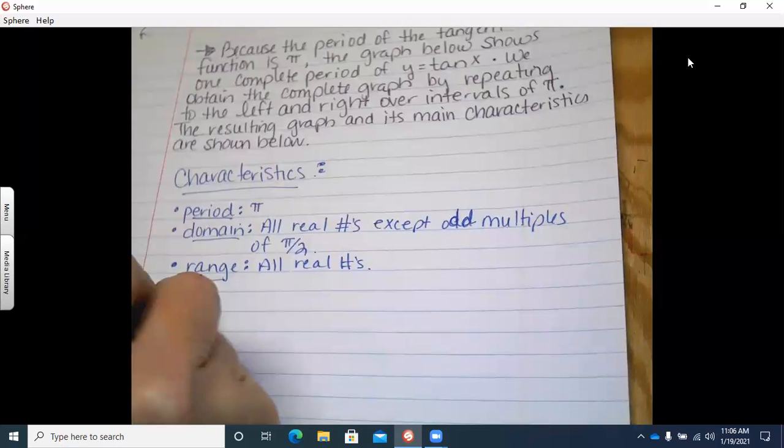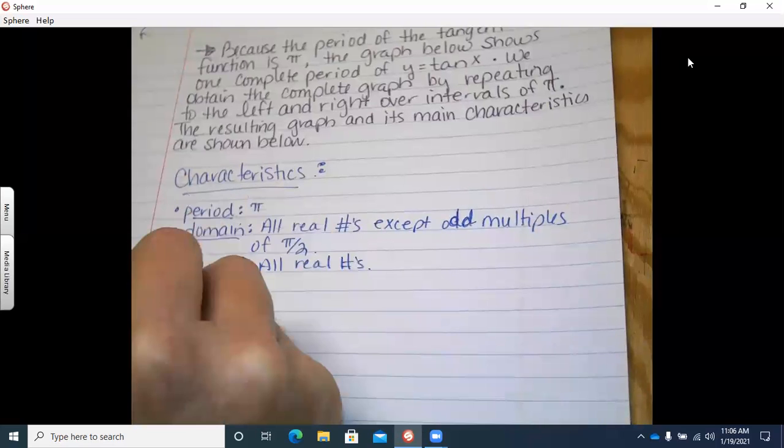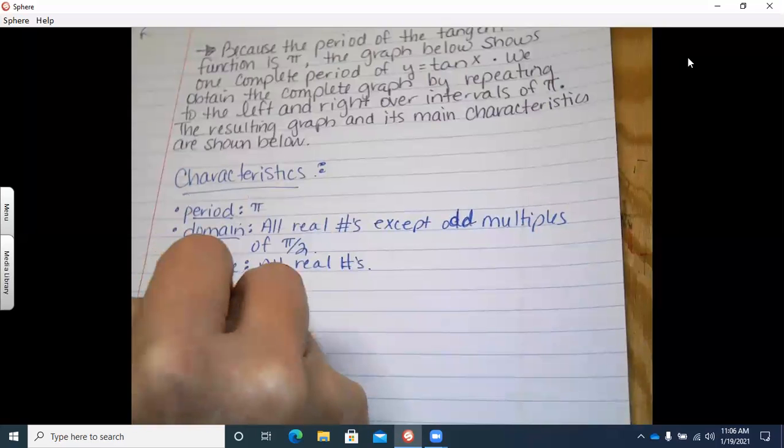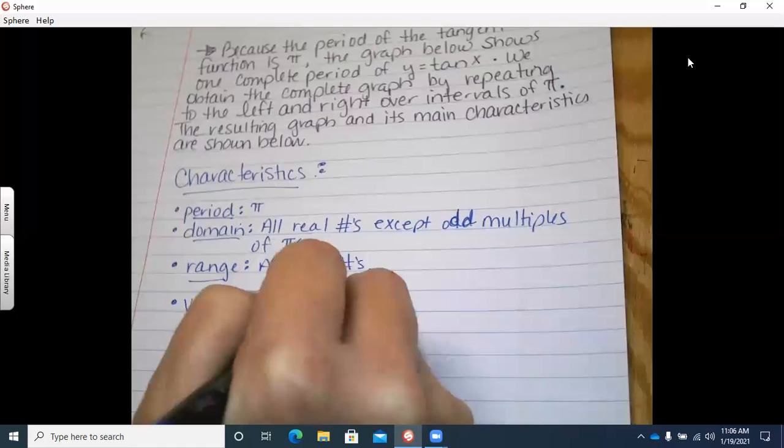Vertical asymptotes at odd multiples of pi halves.